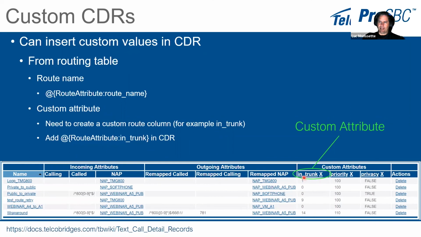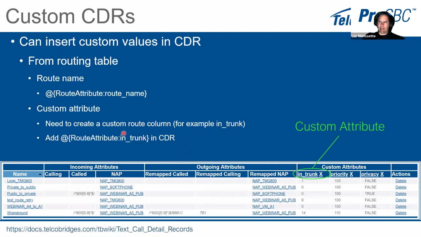For example, here in trunk or whatever, it doesn't matter the name of the attributes here. You just need to add in your text CDR the parameter route attribute and the parameter custom attribute or any attribute that you have been using here. So you can do that, and this information will be printed in the text CDR.